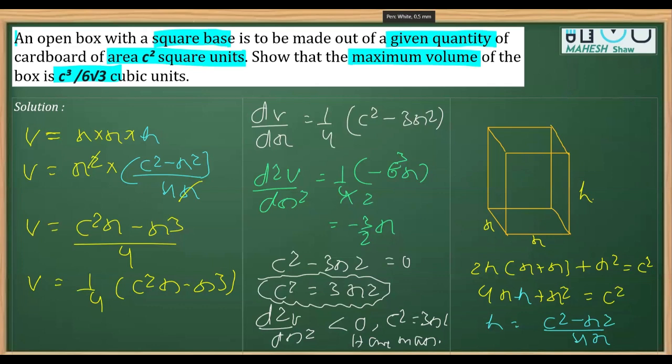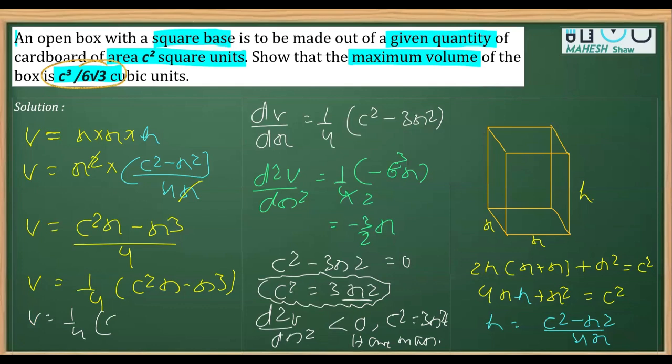Now we have to also find the maximum value. So I'm going to replace this x, because we need the answer in terms of c. Continuing with this, from here I can see V is equal to 1 over 4 c square.